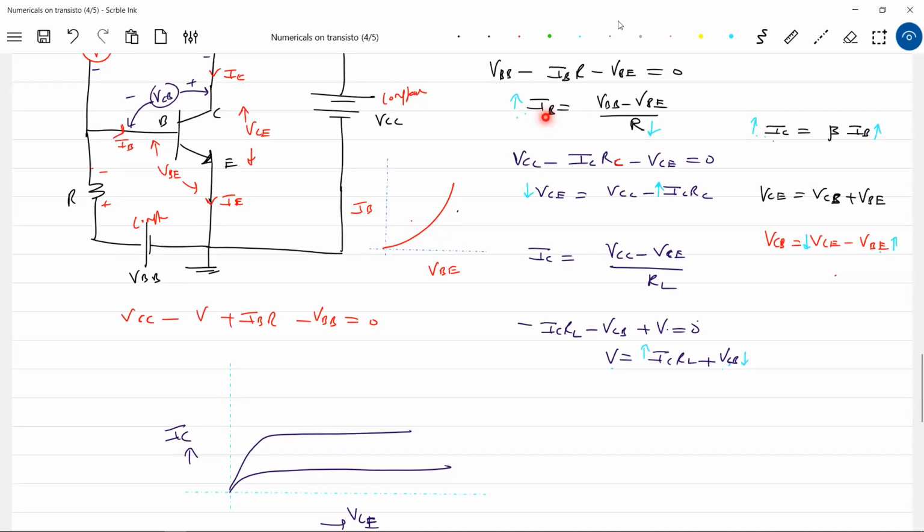That's what I wrote. IB and VB increasing. Okay, what we have. If it is an active region, we can say something here, no? VC increases.